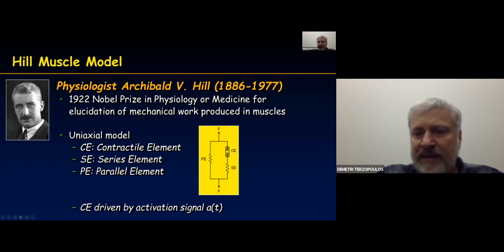Then there's a contractile element over here in series with the elastic element, and that is what actually produces the muscle contraction. This is activated by a signal, which I'll refer to as A. This is the activation signal of the muscle. When the signal comes in, the muscle contracts.